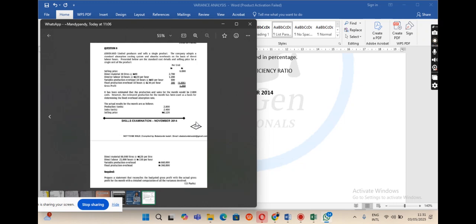Good. What is the actual quantity? The 2,000 that were produced. Actual quantity, not units. I say actual quantity is 88,000 liters.